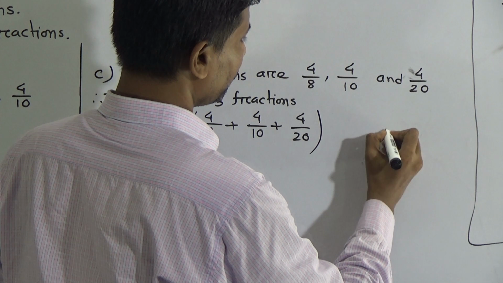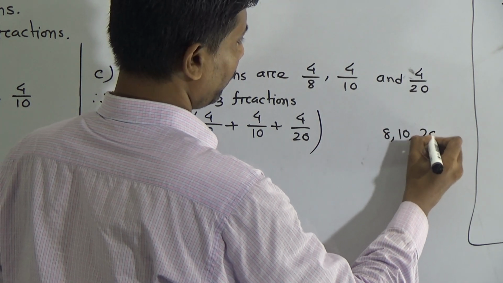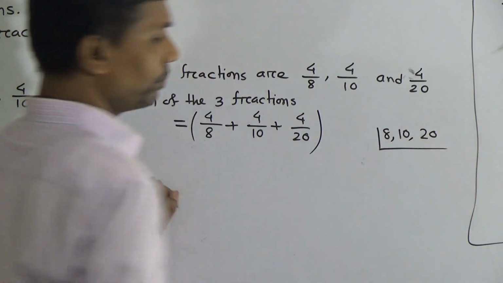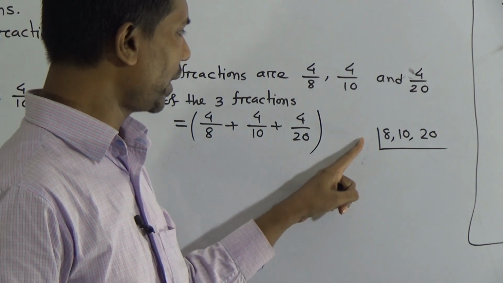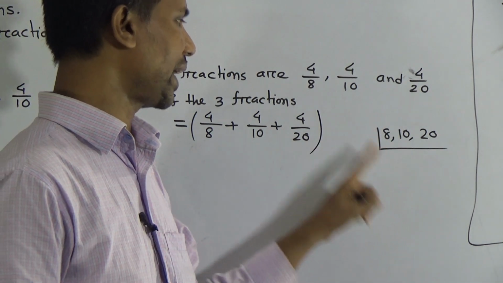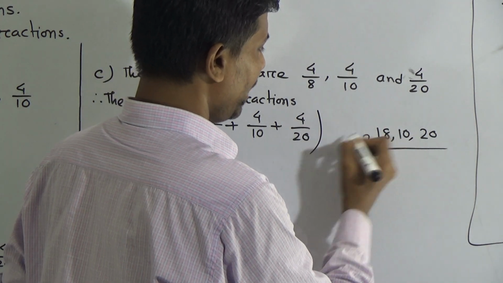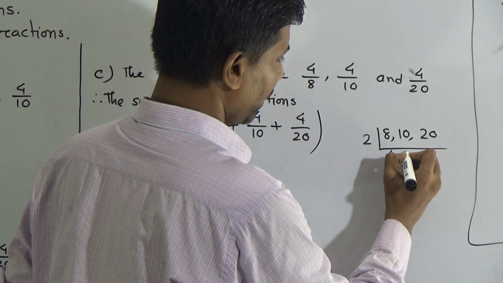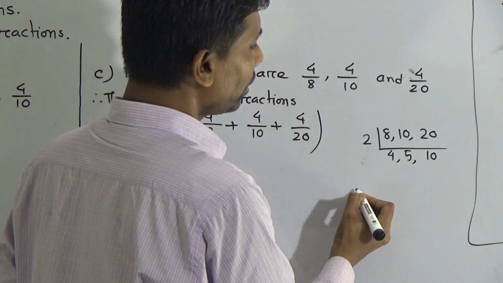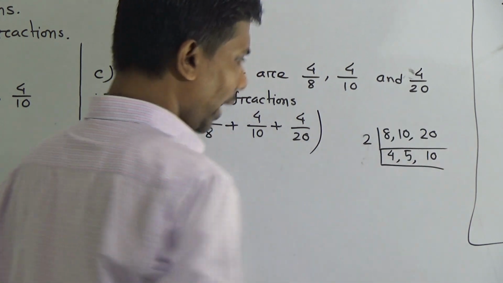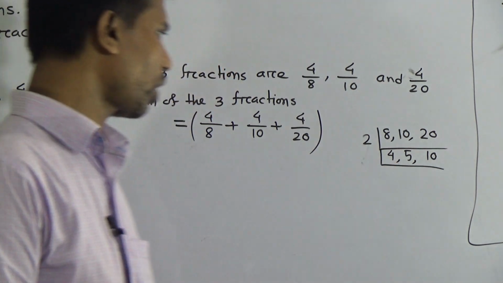Look, 8, 10 and 20. We have to do the LCM. Look, at first you have to select 2 because all the numbers are divisible by 2. Select here 2. Then if you divide 8 by 2, then you get 4, then 5, then 10. Similarly, now among these numbers, 2 is the common factor.